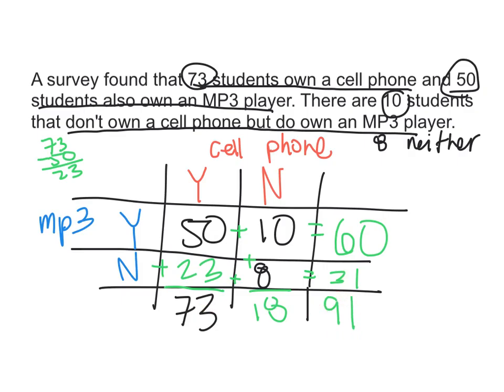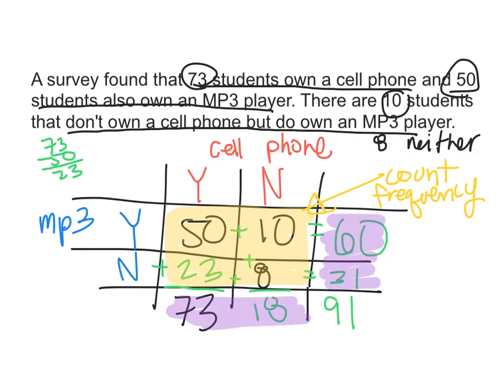So again, I want to remind you all, let me pull out my highlighter, that this right here is all going to be the counts. This is all just counting. The counts, the frequency, this is why I call this a frequency table. I also know that the numbers on the outside, over here, are going to be my category totals.